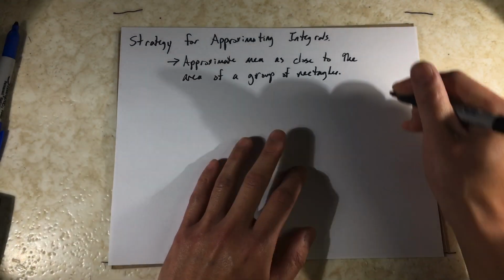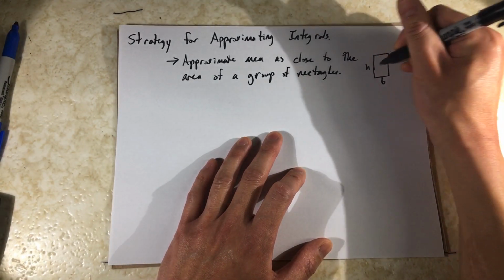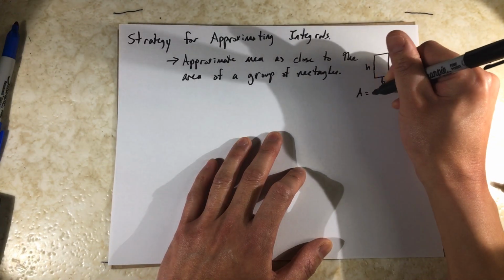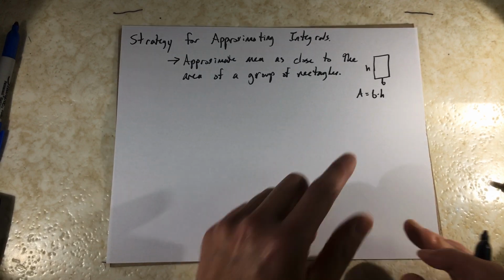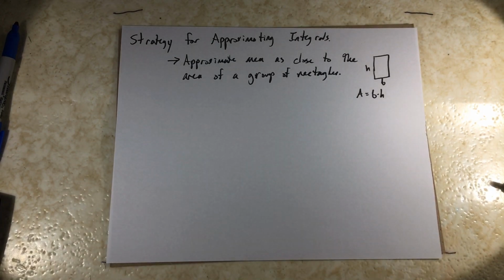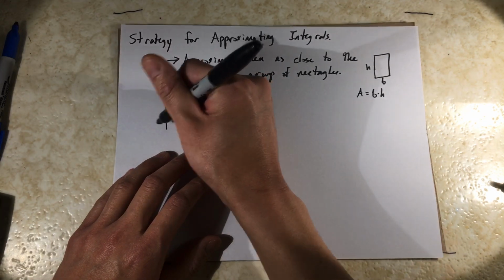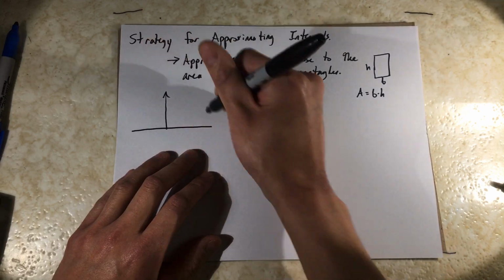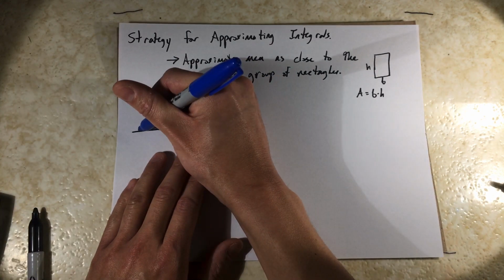Why rectangles? Because we know how to calculate the area of rectangles. You have some base, you have some height, and the area is equal to base times height. So what we're going to do is approximate things that have weird shapes as just a series of rectangles that we can easily calculate. The example that we're going to go through in much more detail is this semicircle equation. This semicircle will look something like this.